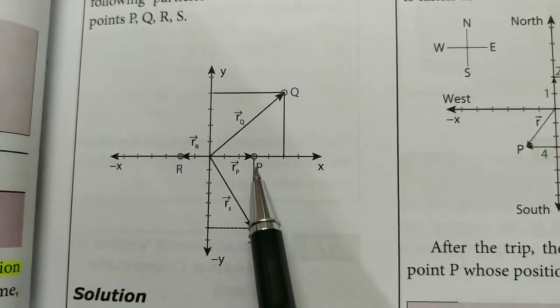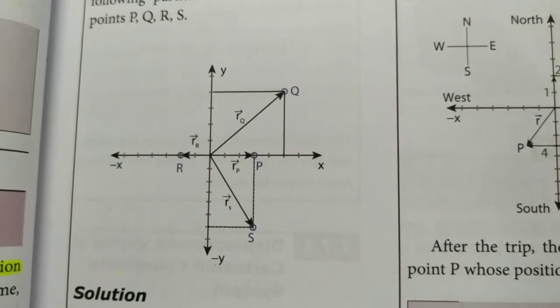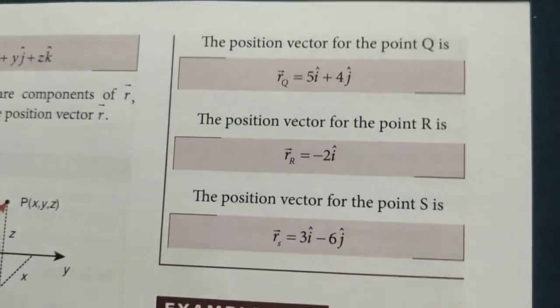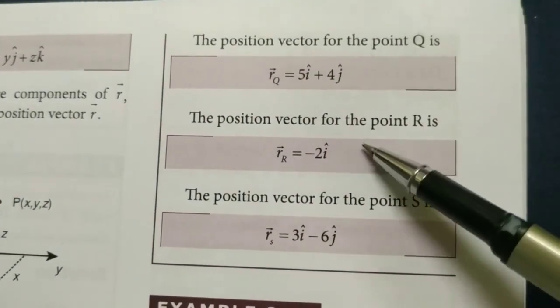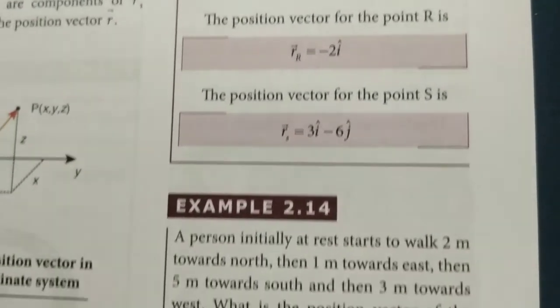So we can write 3 i cap minus 6 j cap. So here is the answer. RP is equal to 3 i cap and RQ, RR and RS.